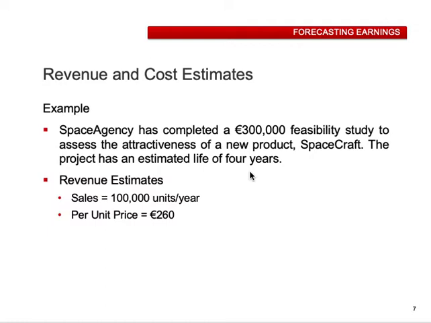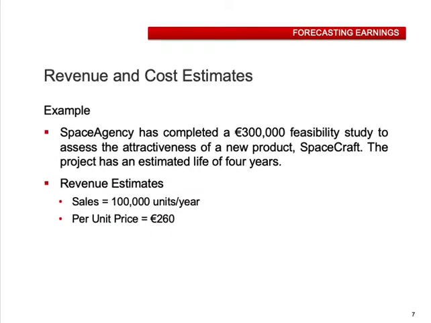So it means that we need to estimate our earnings for 4 years. Now, the estimates are that the company is expecting to sell 100,000 units per year at a sale price per unit of 260 euro.